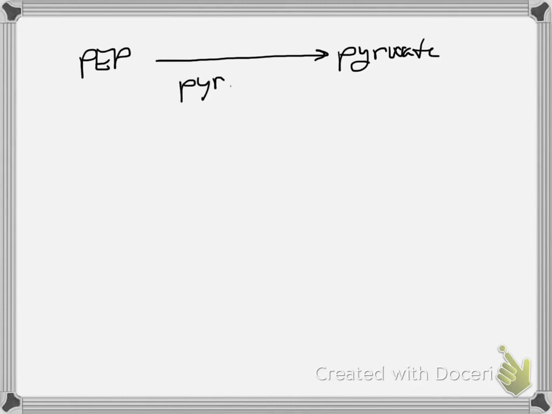Now let's go back one step to phosphoenolpyruvate. The normal reaction here in glycolysis is conversion into pyruvate by the enzyme pyruvate kinase, and in doing so, this is one of our ATP generating steps.